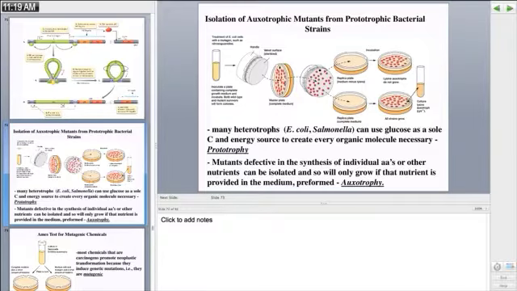So this is, in essence, the way that we have, over the years, determined all of the biosynthetic pathways for all of the amino acids and all of the nucleotides. People have screened for lysine auxotrophs, for histidine auxotrophs, for proline auxotrophs, and found mutations in various genes that they didn't initially know what those genes were, but they realized later that, okay, if we put a mutation in that gene, we can make a histidine auxotroph.